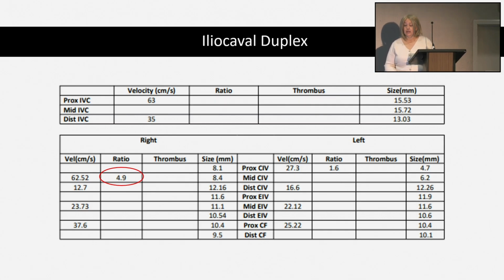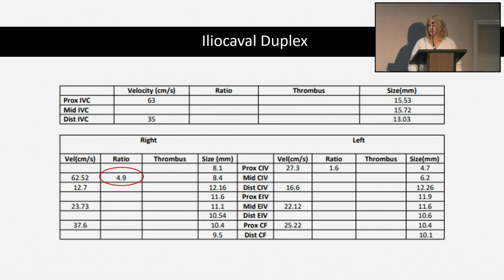We found a size in the right common iliac vein of 8.4, which you can see those diameters obviously didn't get larger. We also had a velocity ratio of 4.9. So that satisfied both of the criteria.